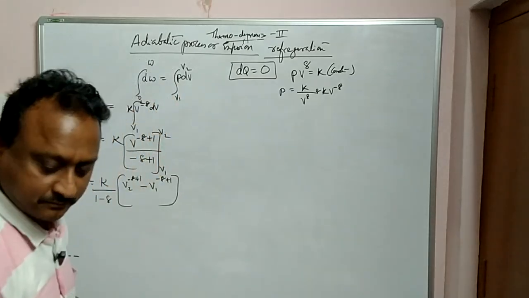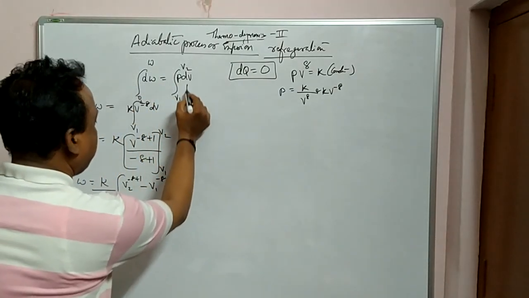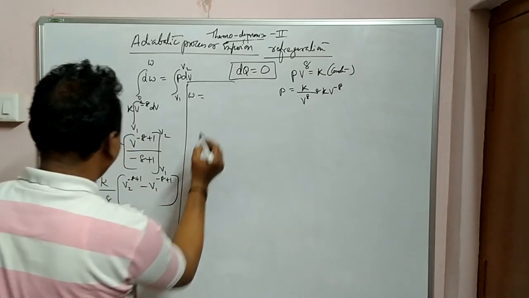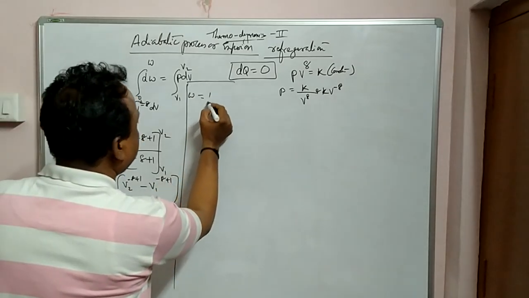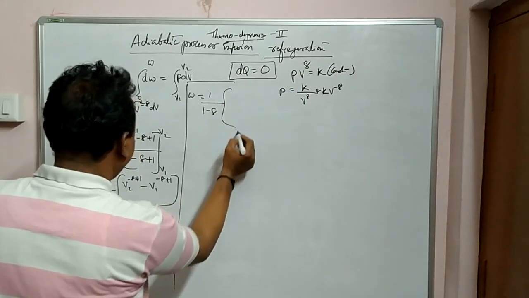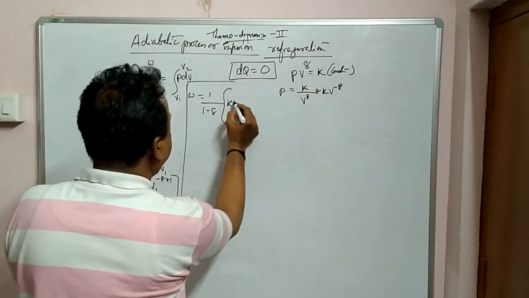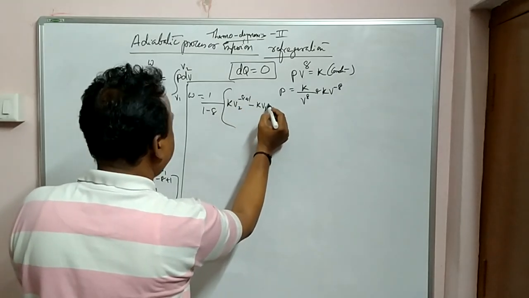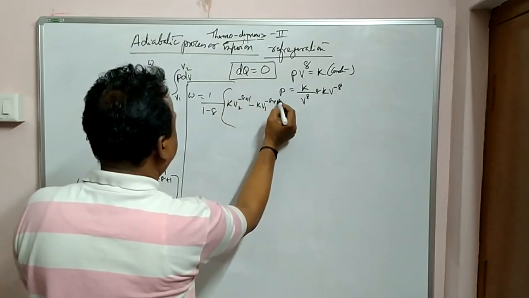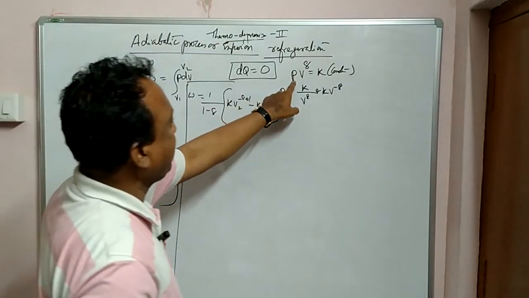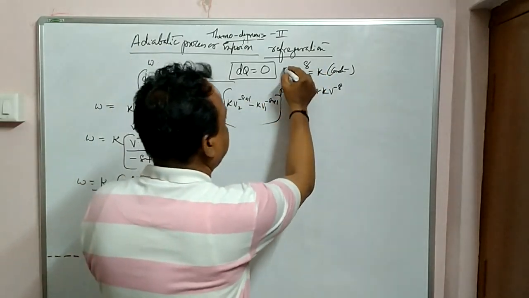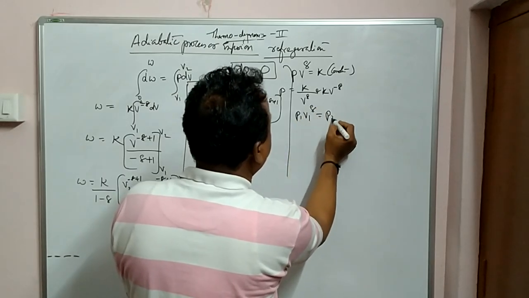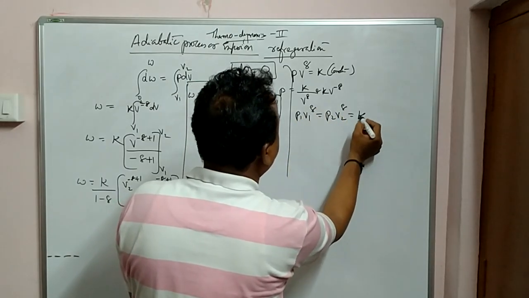Now see here. W is equal to 1 by 1 minus gamma, taking K inside: K into V2 power minus gamma plus 1, minus K into V1 power minus gamma plus 1. Now I have already given that PV to the power gamma is equal to constant. What does that mean? P1 V1 power gamma is equal to P2 V2 to the power gamma is equal to constant.